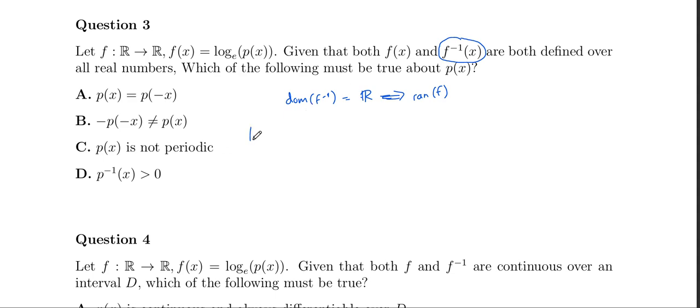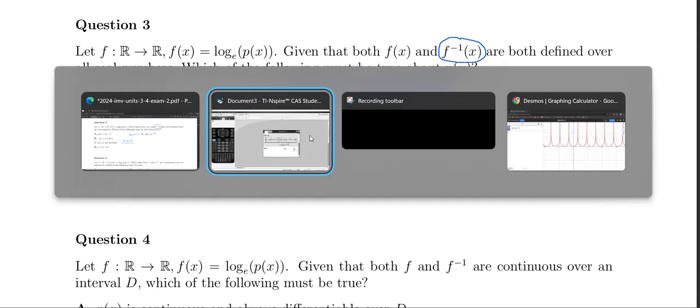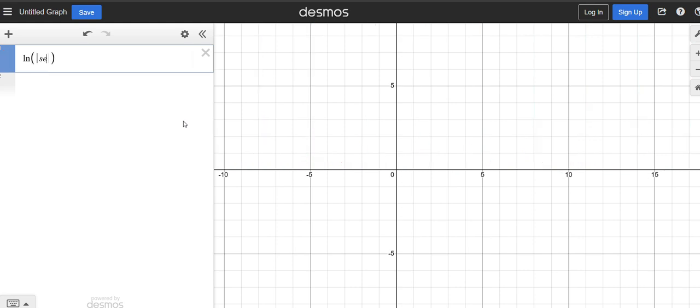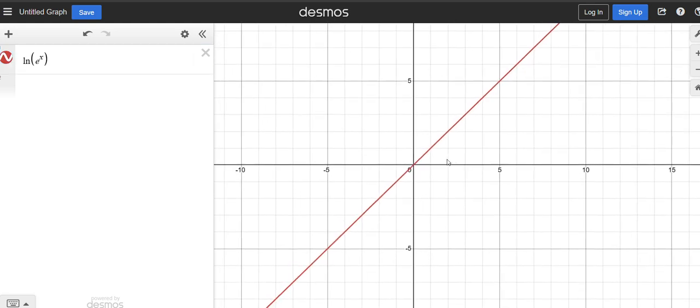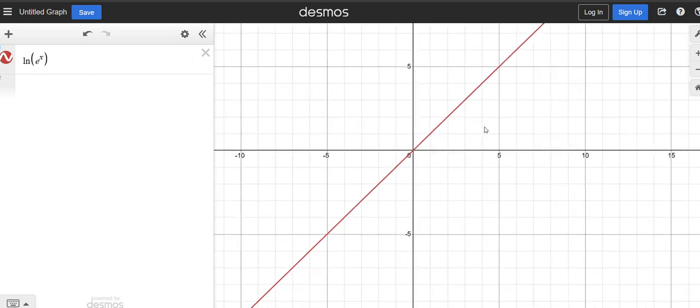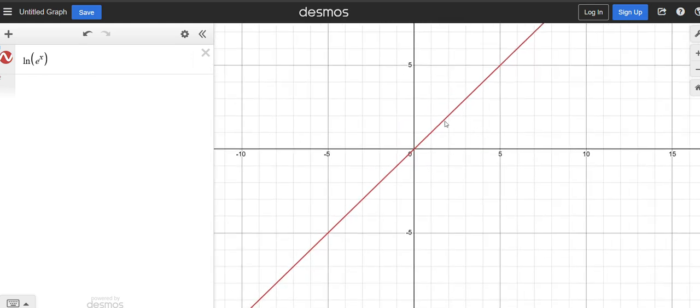So we need to find a function p of x such that this here is 1 to 1, has a range of R, and a domain of R. To do that, we can actually just go ln of e to the x, like this. So this is an example of when all the conditions are satisfied.